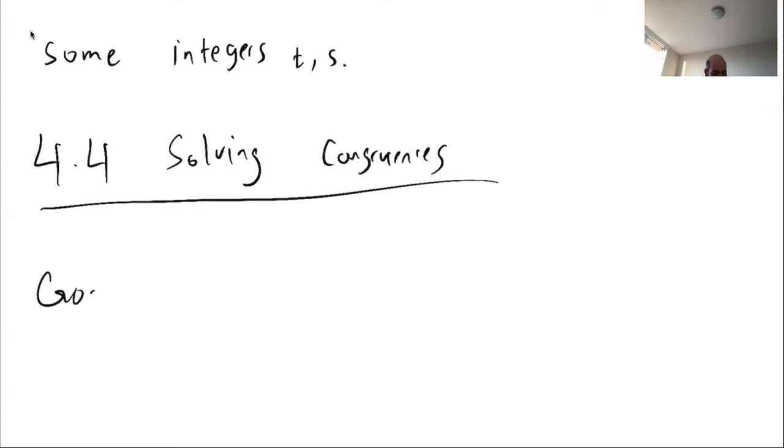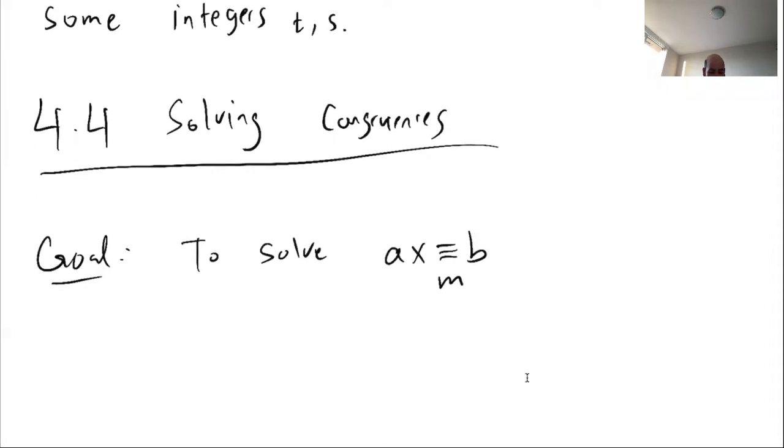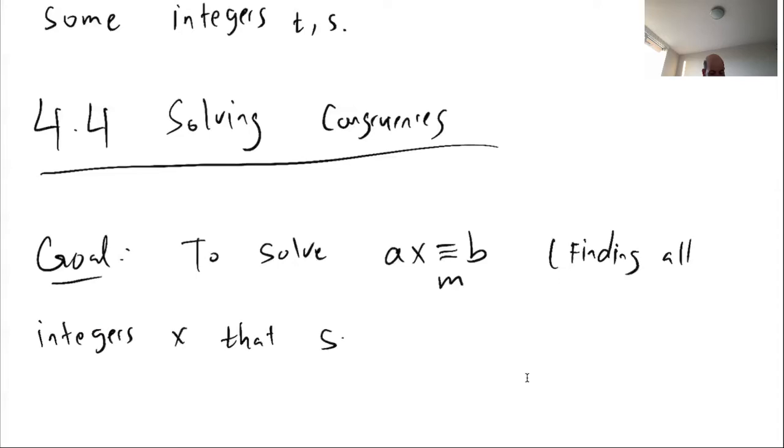So the goal is to solve, let's say, AX congruent B mod M, where A and B are integers and M is also an integer, and we want to solve for X. So that means finding all integers X that satisfy AX congruent B mod M.